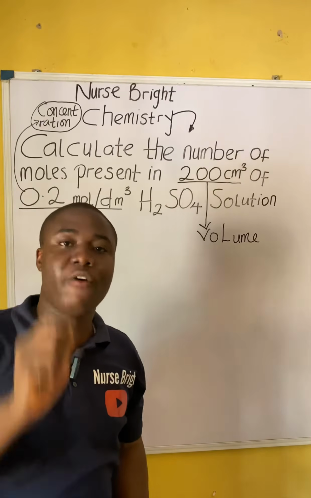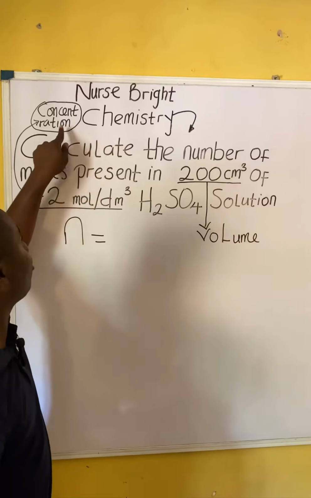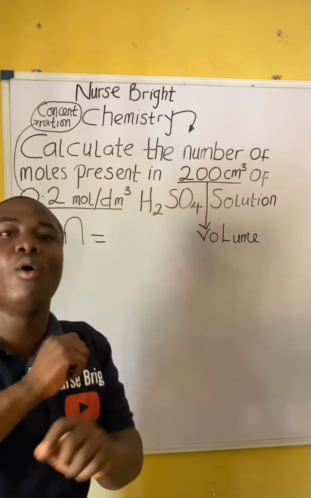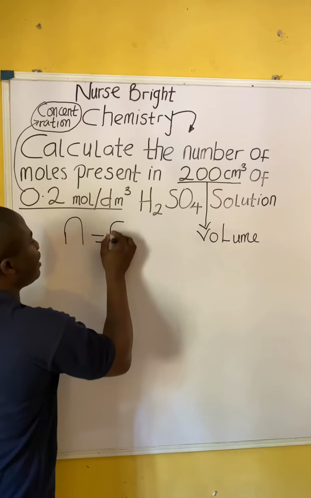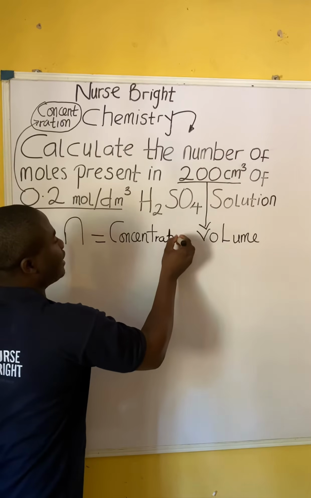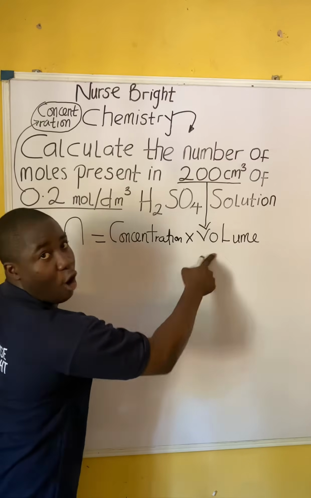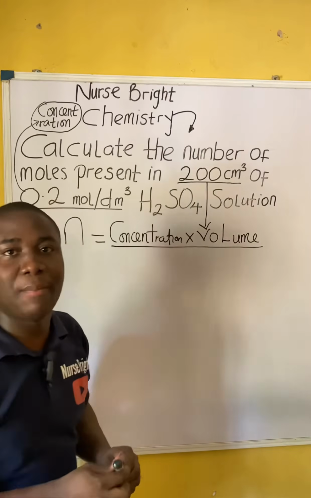Now there is a formula for number of moles that relates both parameters, concentration and volume. What is that formula? It's simply this: number of moles is equal to concentration times volume divided by 1000. Now, let me tell you something about this volume.